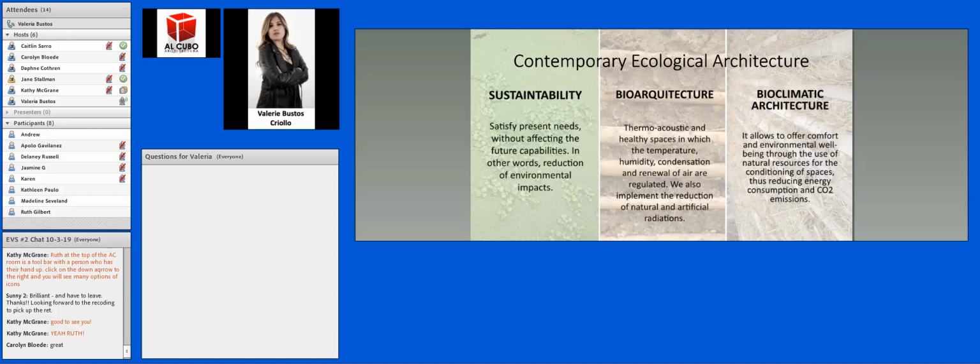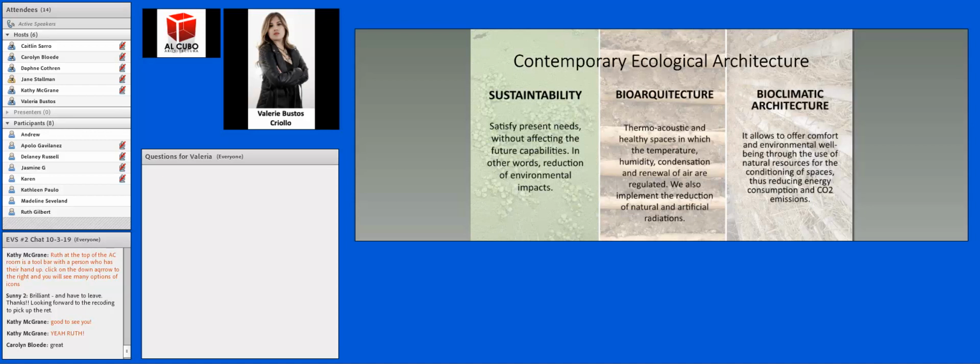So, Alcubo Arquitectura has been working for 12 years in the execution of contemporary ecological architecture. It has been developed in 3 central axes: sustainable architecture, bioarchitecture, and bioclimatic architecture. The aim of this kind of architecture is to satisfy present needs without affecting future capabilities.